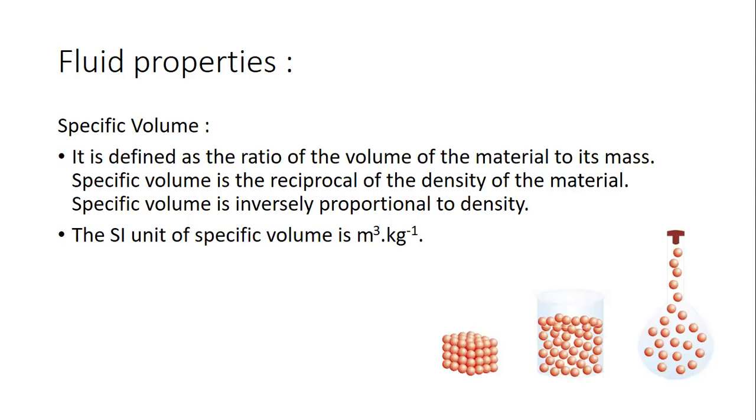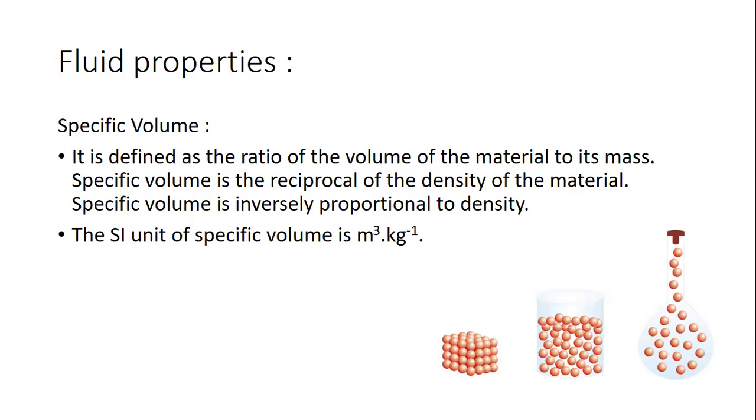Next we are going to see the specific volume. This is the next property of fluid. Specific volume can be defined as the ratio between the volume of the material and the mass of the material. Specific volume is inversely proportional to the density.